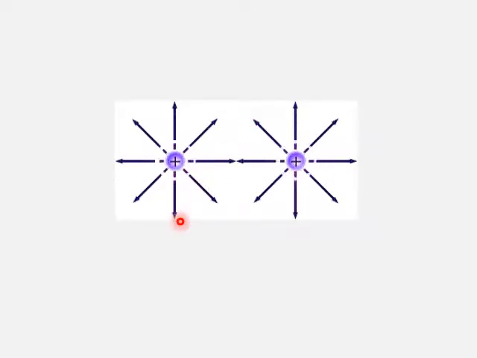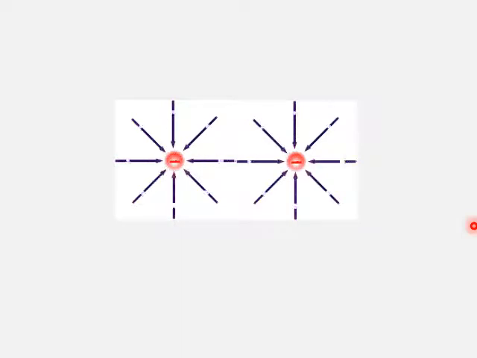Wherever you place a unit positive charge, it is influenced by this charge as well as the other charge, so how do we represent the electric field of such a system with the help of electric field lines? Not only for this, we can also have a system of one negative charge and one positive charge, or a system of two negative charges of equal magnitude placed close to each other.